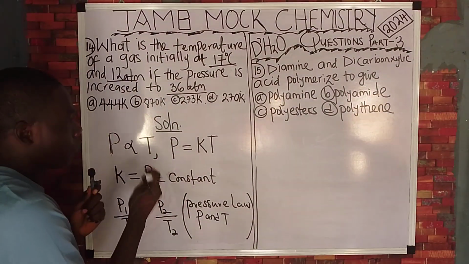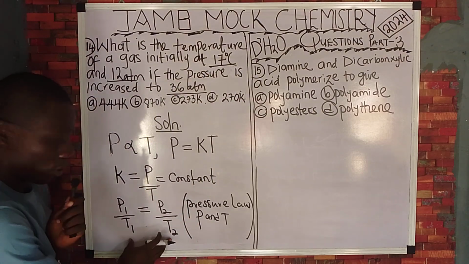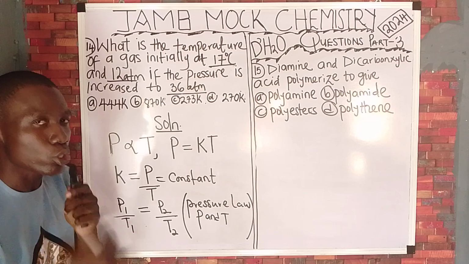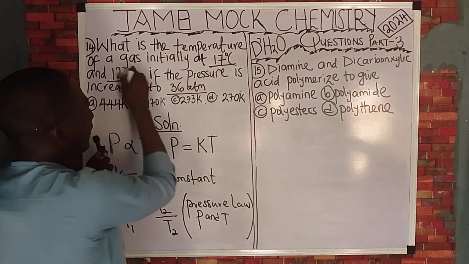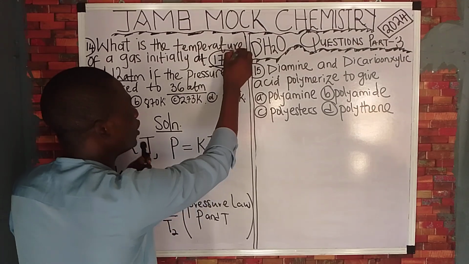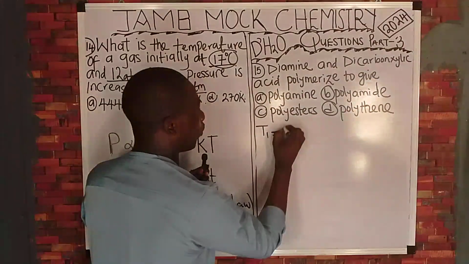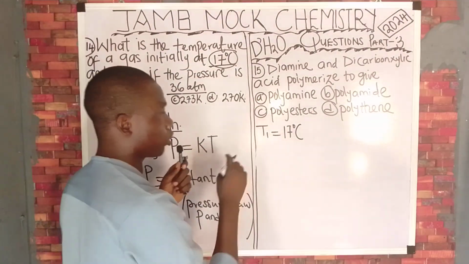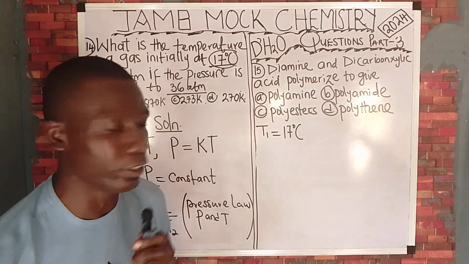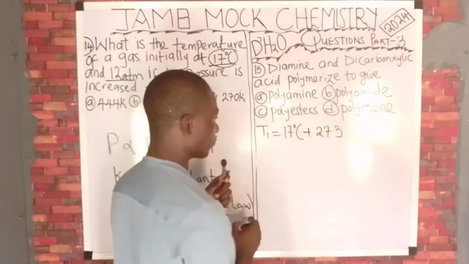So let us first bring out our parameters from the question given, and then apply this formula in solving the problem. What is the temperature of a gas initially at this? This is the initial temperature, so our T1 is equal to 17 degrees Celsius. Don't forget, you must convert your degrees Celsius to Kelvin by adding 273.